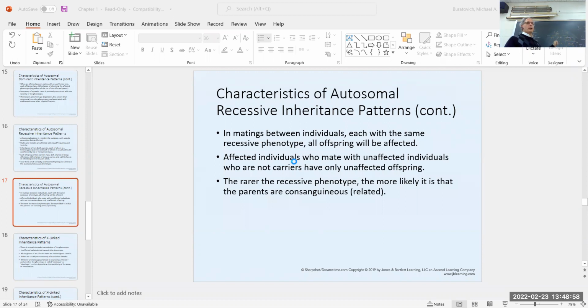Now, if we did a Punnett square, say, for an X-linked pattern, we'll do that here in just a bit. Again, with the dominant inheritance patterns, you can have a 50% chance of inheriting the affected allele. With a recessive pattern, you will have a 25% chance of acquiring the affected allele.